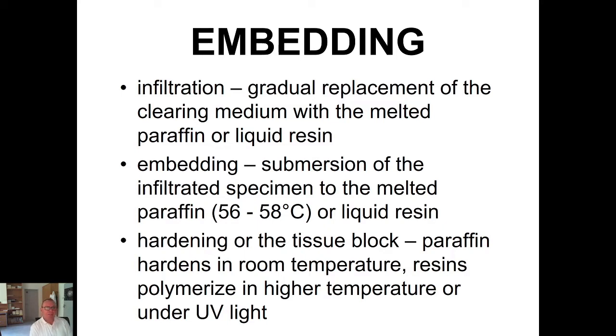Paraffin is melted in higher temperature, slightly below 60 degrees Celsius. The epoxy resin or other resins used for the electron microscopy are usually liquid in the room temperature. So our specimen is submerged or immersed into this solution and then hardened.